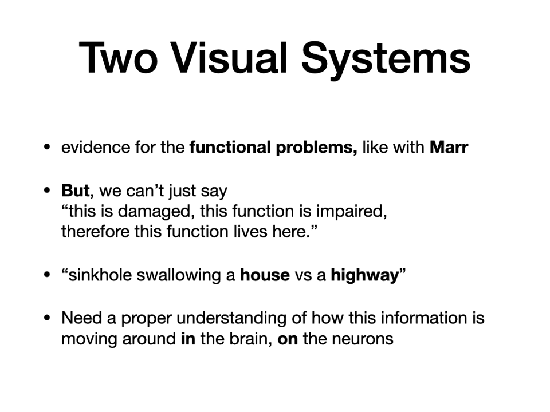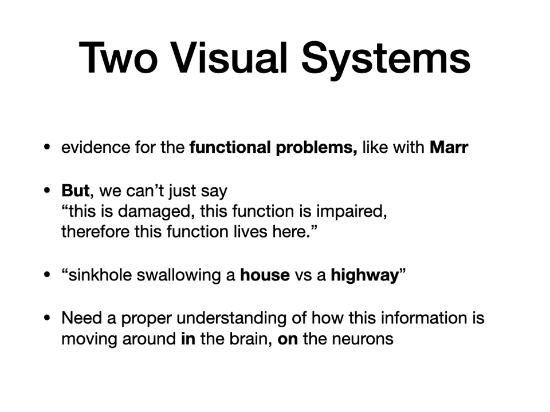Because the question is, is this sinkhole swallowing a house or is it swallowing a highway, right? Is the damage destroying one very specific thing, or is it screwing up an entire channel, an entire capacity? How much is damaged when this area of the brain is damaged?